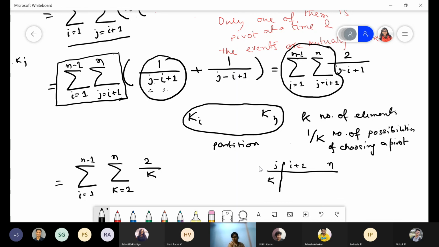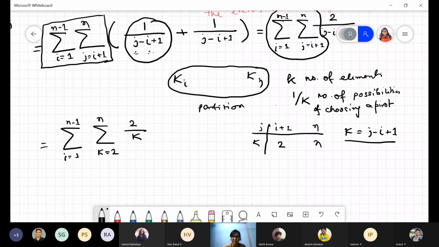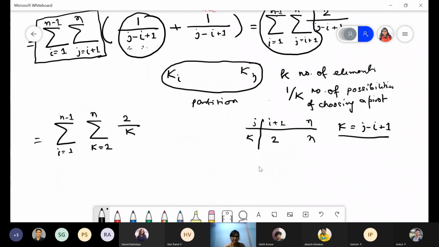For k, what will be the value? j minus i plus 1. Okay, so it is 2 to n, where k equals j minus i plus 1. I hope you are not disagreeing with me here. This is just basic calculation.